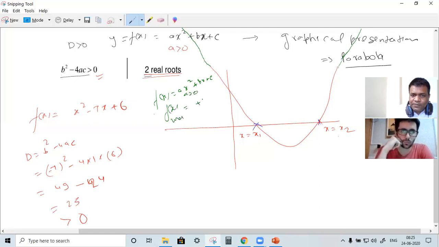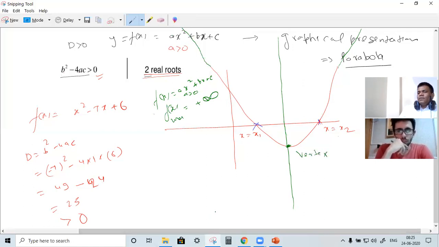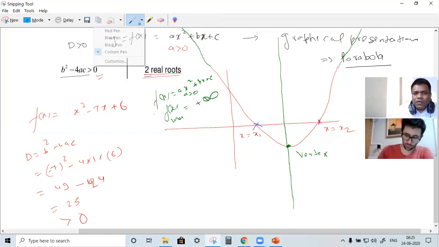That is plus infinity. Right. And what could be the minimum? You can see there is a point from where it is taking a U-turn. The graph is coming down, down, down, reaches the bottom, and from here it takes a U-turn. This point is called vertex.